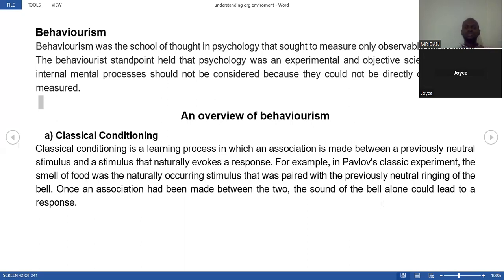One of the studies was classical conditioning. This was a learning process where they did an experiment and suggested that the smell of food was the naturally occurring stimulus that was paired with the previously neutral ringing of a bell. So they did a study, and every day at 12 noon, they would ring a bell and then give the dogs food.